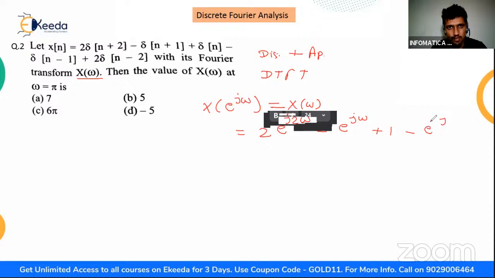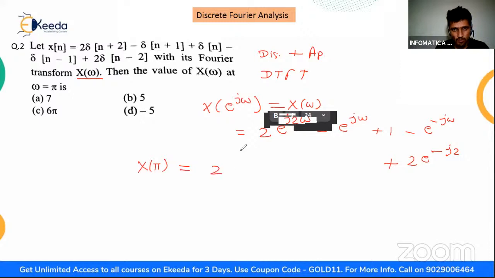How are we able to do it? Just using the time shifting property of the discrete time Fourier transform. The last term is plus 2 e to the power minus j 2 omega. Now we will put the value omega equals pi and simply calculate it.